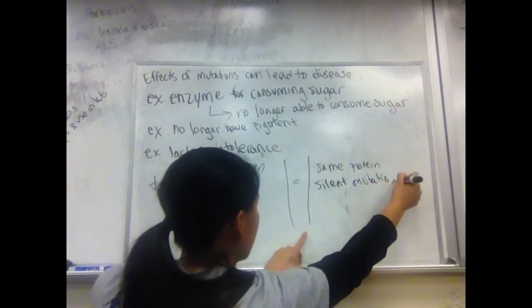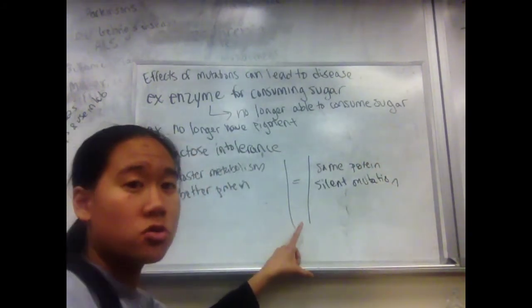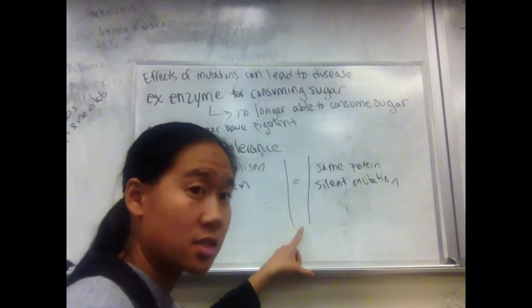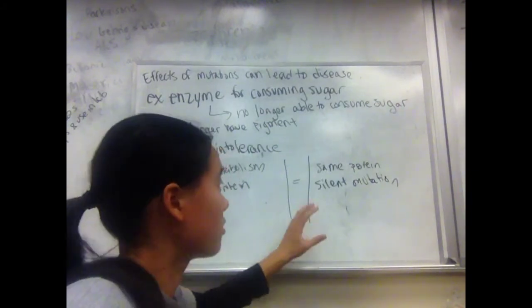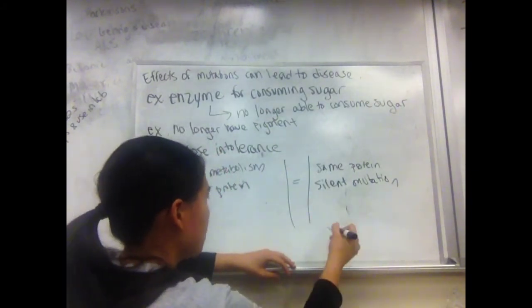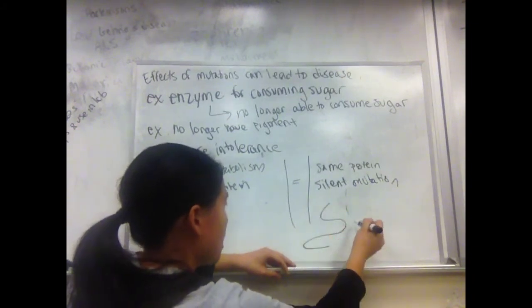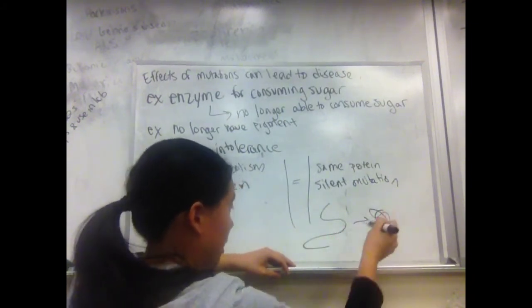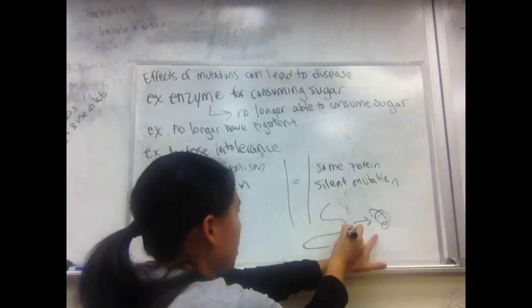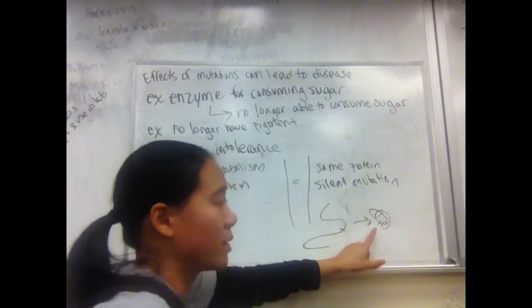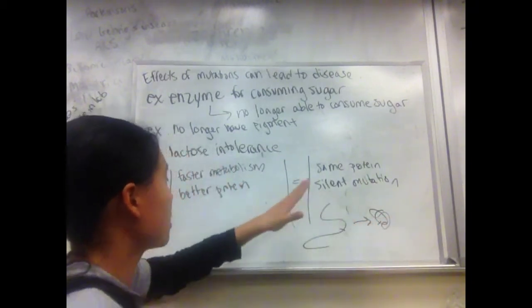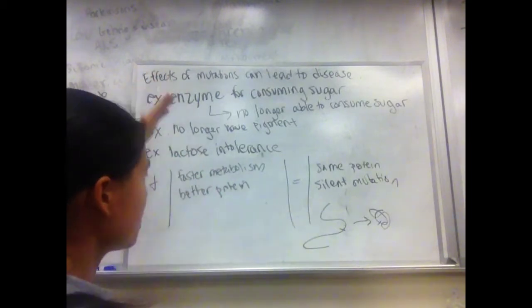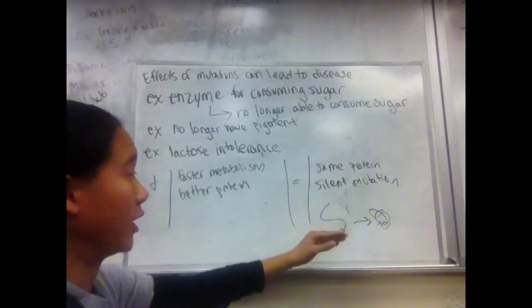Meaning the mutation is present, you have a change, but it causes no change in the final protein because the amino acid does not change, or because the folding or the functionality of this protein remains the same. So we start out with the protein like this, and it folds into something like that, remains the same. So a structure here may stay here, and it makes no difference. So it's really important to understand that mutations can be bad, good, or have no effect.